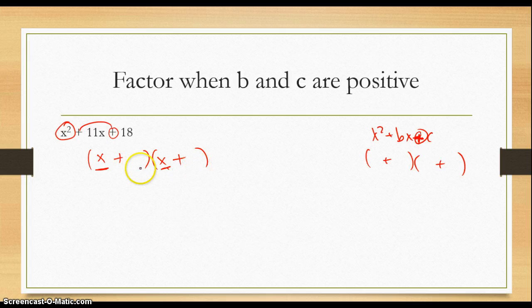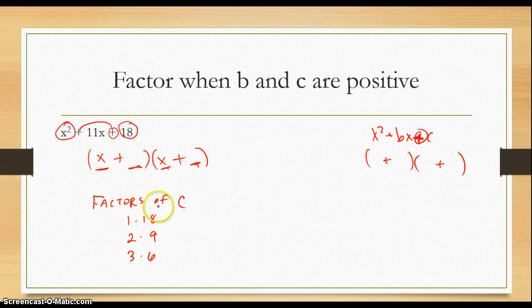So then the back side of my parentheses, what goes in here? Well, that's when we look at our c. What we're going to do is find the factors of c. We're going to list them. So factors of c: 1 and 18, 2 and 9, 3 and 6. Okay?